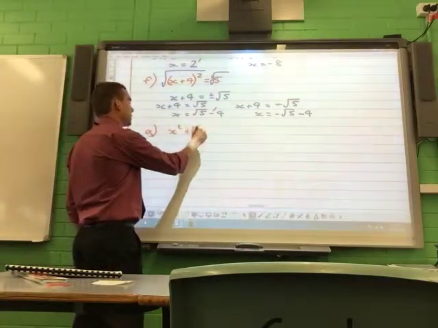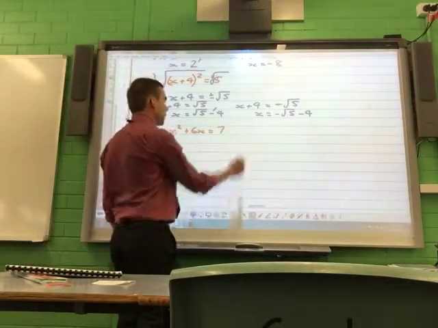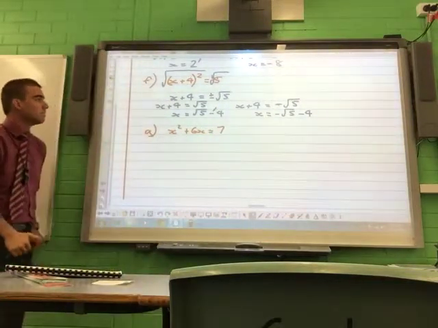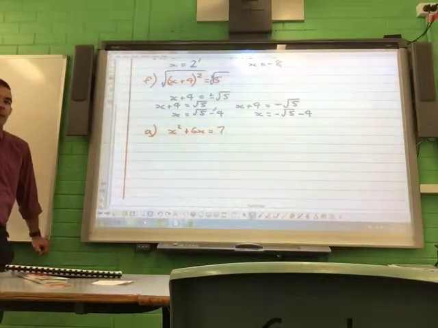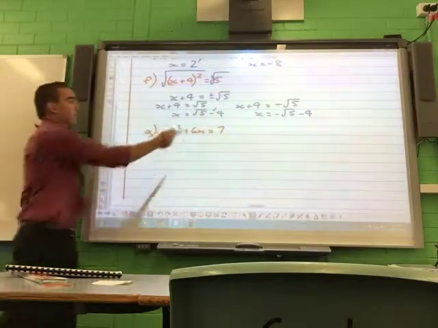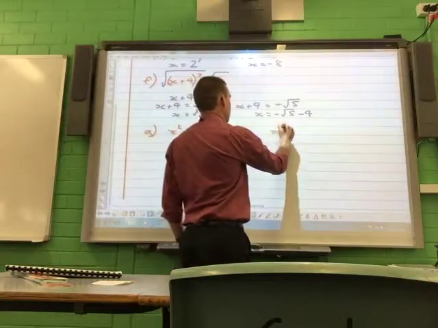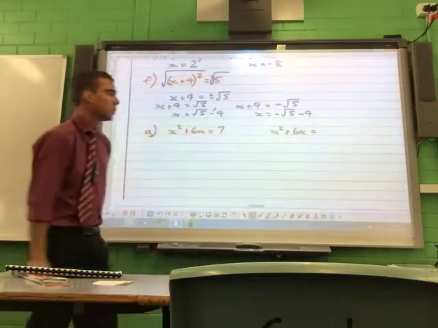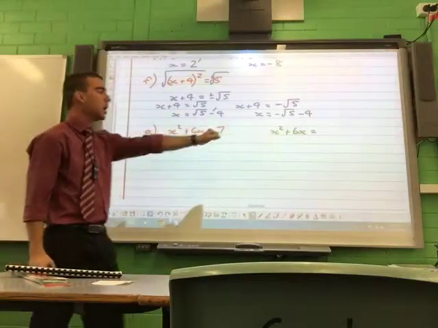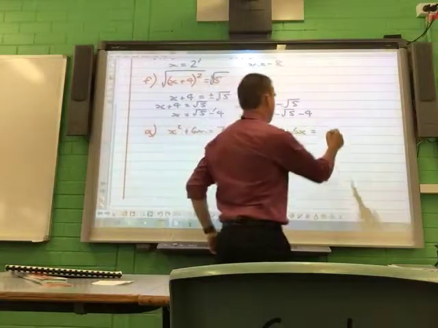G. x squared plus 6x is equal to 7. So this is the process of completing the square. Back in your algebra section, we had to complete the square on just the x squared plus 6x. Completing the square, we half the coefficient and we square the result.